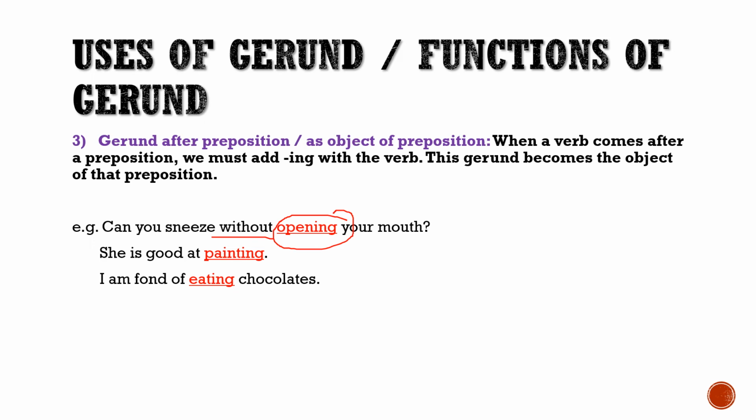We know that without is a preposition, and after without we have found a verb open, and that is why we have to add ing, and after adding ing it has become opening.